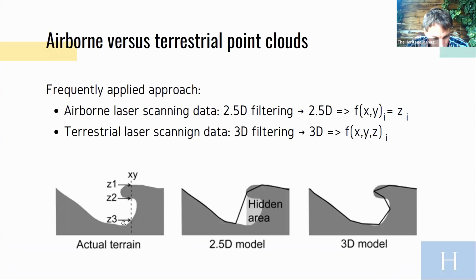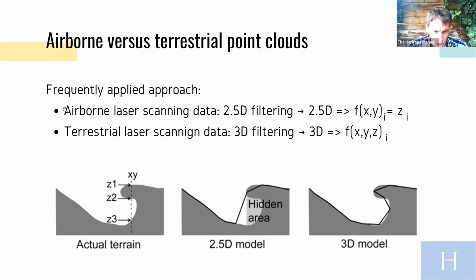In this case, of course, I have a full 3D representation of my object, and it also means that I have a full 3D representation required, because for one XY position, so for one planimetric position, I have in this case 1, 2, 3 altimetric positions. And if I want to make a model of the actual terrain or my facade or anything like that, in a full 3D, I have to make, of course, a representation that is compatible with that geometrical representation.